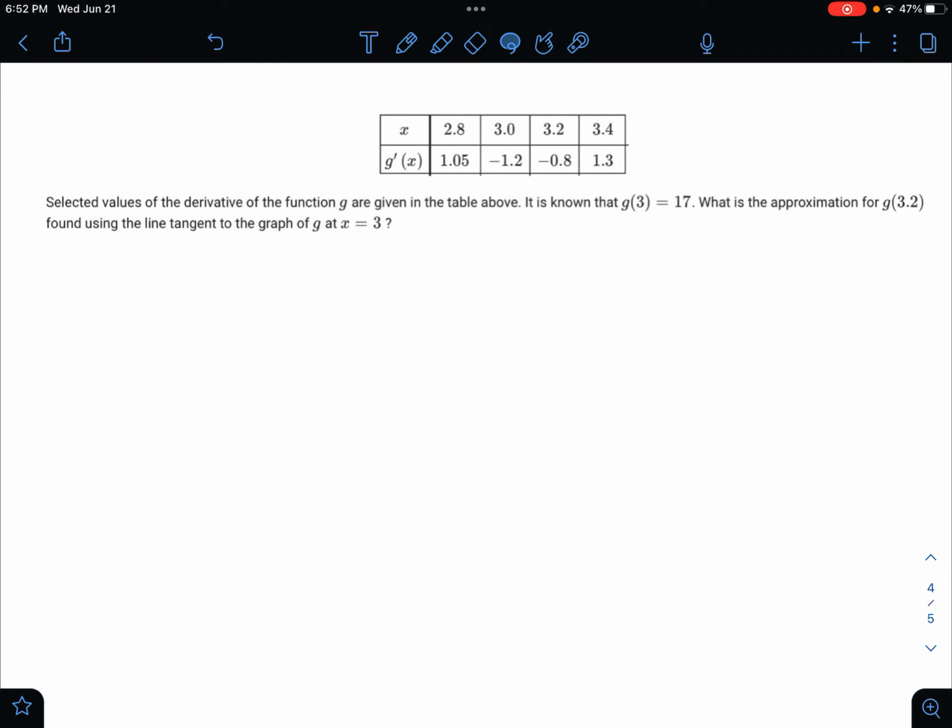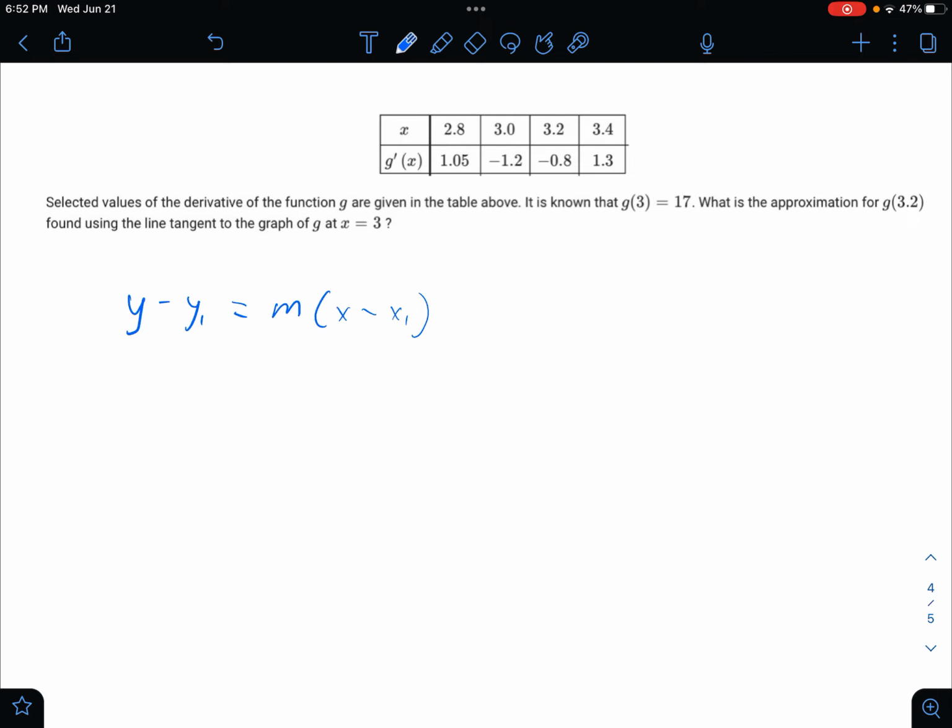So since it's telling us it's found using the line tangent to the graph at x equals 3, we have to draw a tangent line. So let's just write that. y minus y1 is equal to m times x minus x1. Right. So now let's try to find what m is, or our slope.